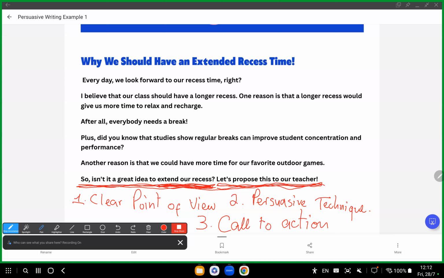The person that's written this wants you to go take this idea to your teacher and to try and get it to happen. So those are the three important parts of a persuasive sentence: a clear point of view, a persuasive technique, and a call to action.